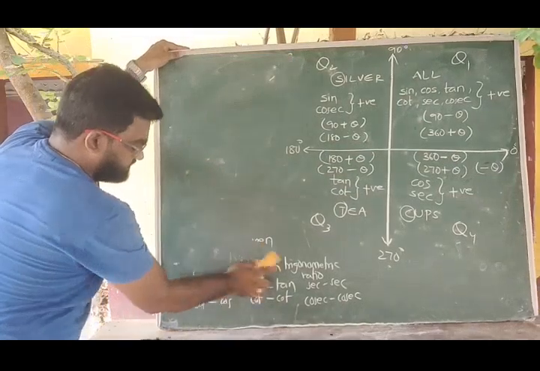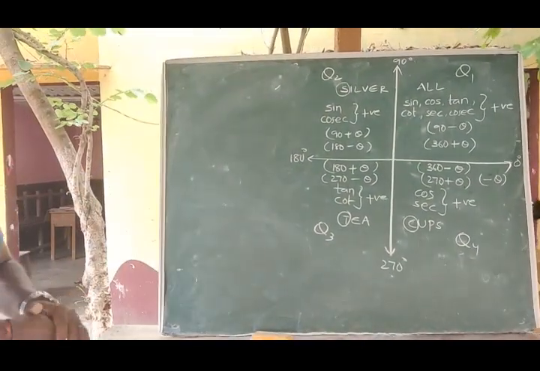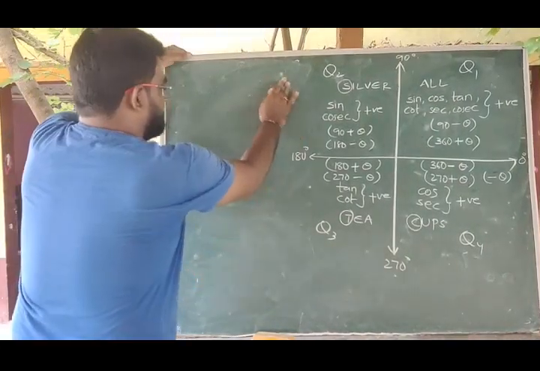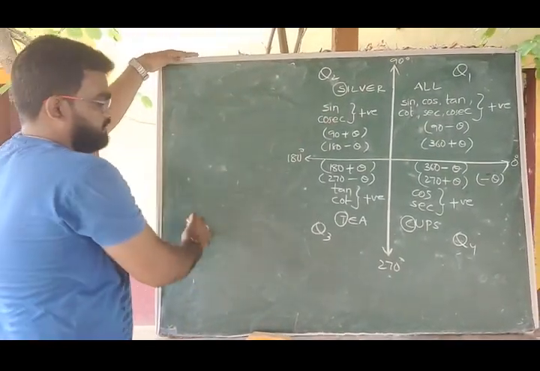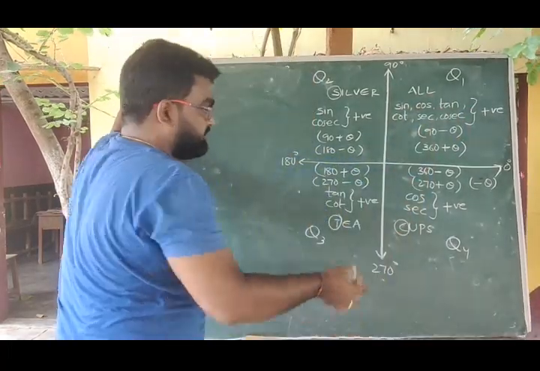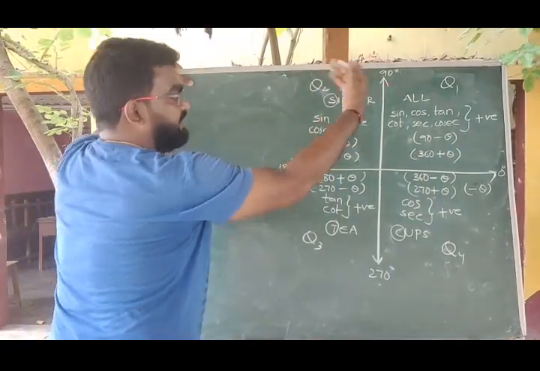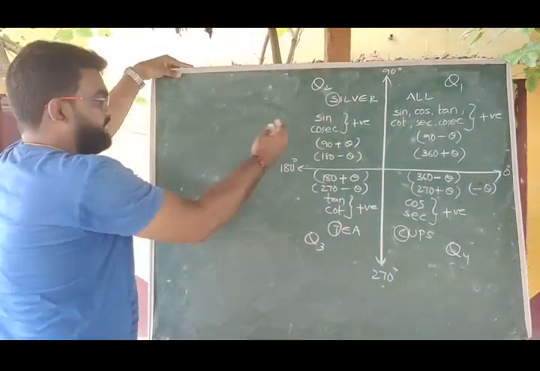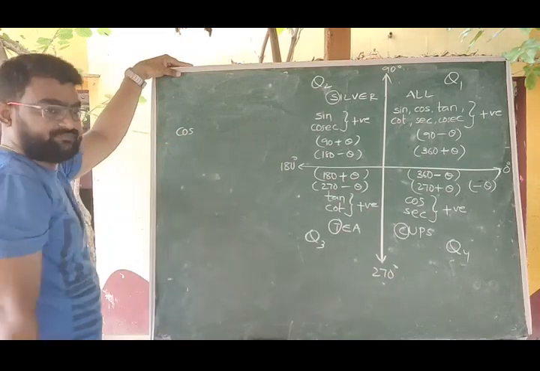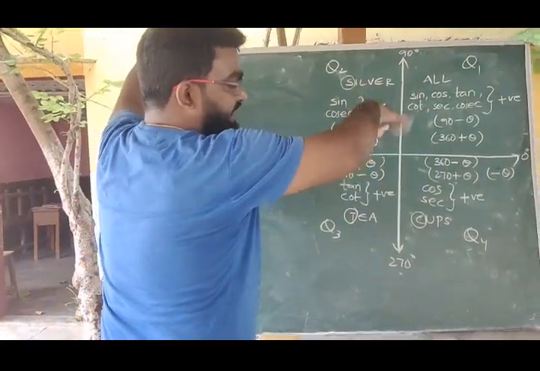Now I am going to explain the application part. For example, namely we have 6 ratios and 8 angles. You select any one ratio. For example, I selected cos. And you select any one angle among them.